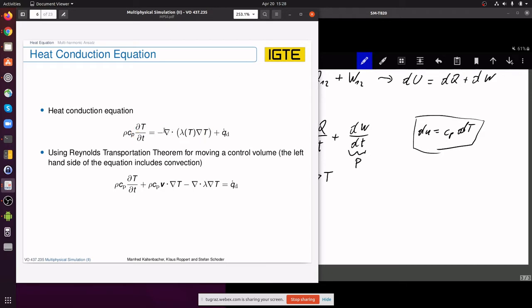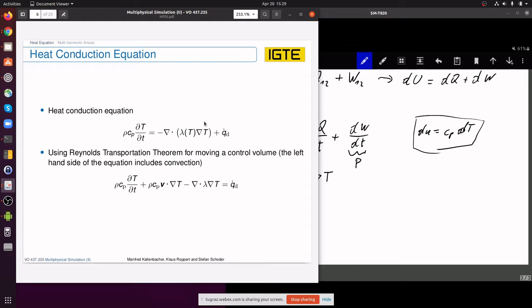So here, the classical diffusion PDE, we have if we set this lambda, the heat conductivity, as homogeneously distributed, so we can pull it out of the divergence operator, then we have a simple Laplace operator acting on the temperature, a time derivative on the temperature, and the forcing term, of course, the Qd, and that's the typical diffusion PDE, so heat PDE.